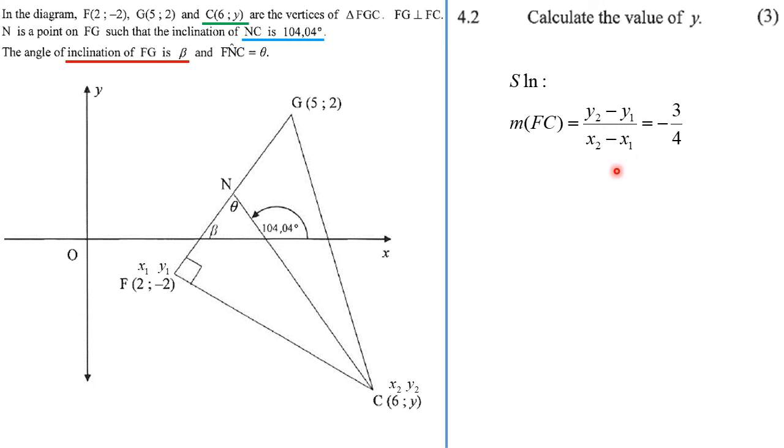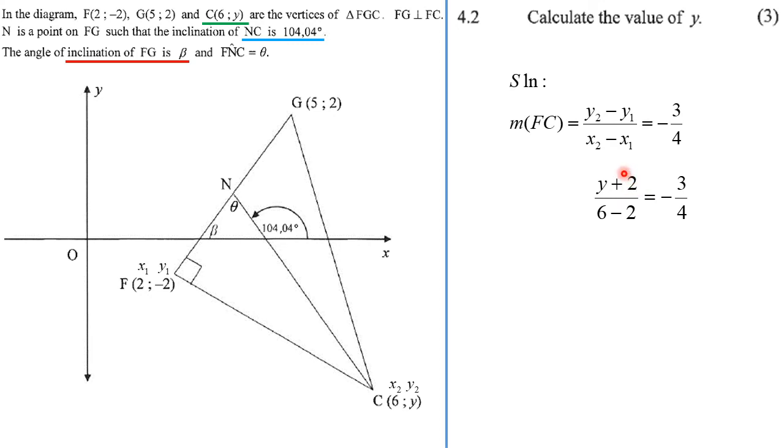Okay, now we can substitute. Our y2 is the y that we want. y1 is -2. Now you substitute there, so you have y2, which is y, minus, remember we have minus here, but y1 is -2, so negative multiplied by negative will give you +2.